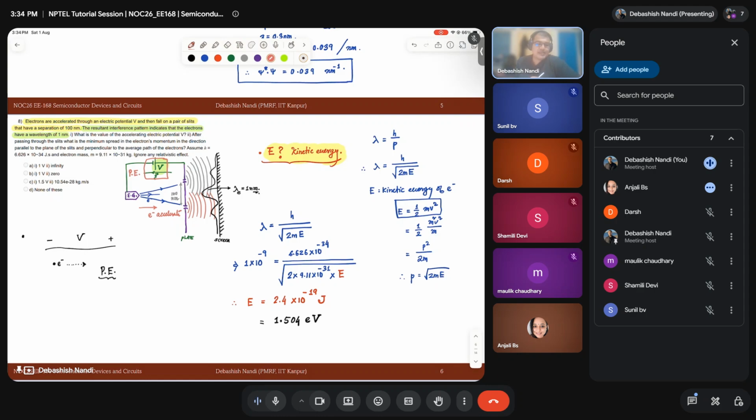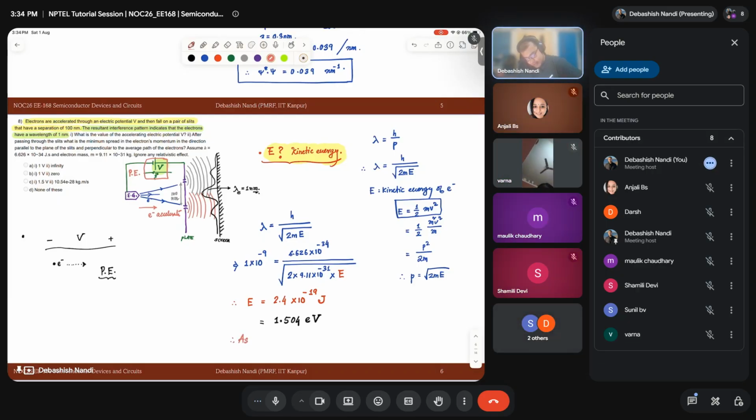So there is an energy transfer going on, from potential energy to kinetic energy. I wanted to know whether you are understanding this or not.